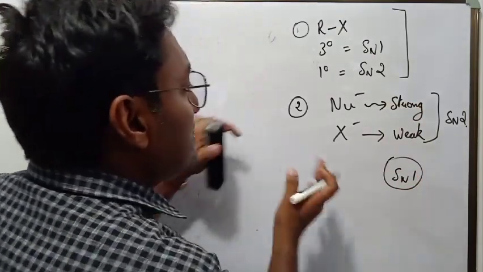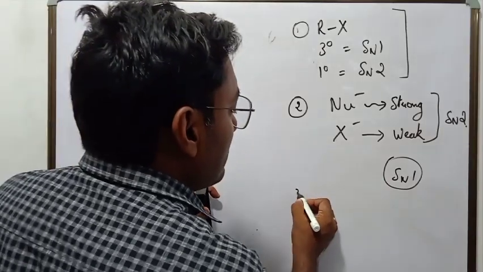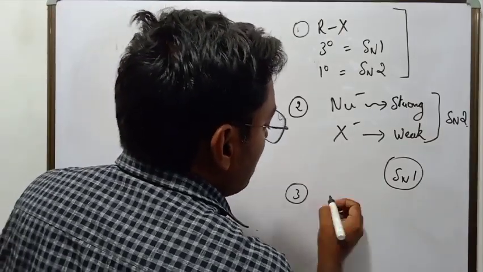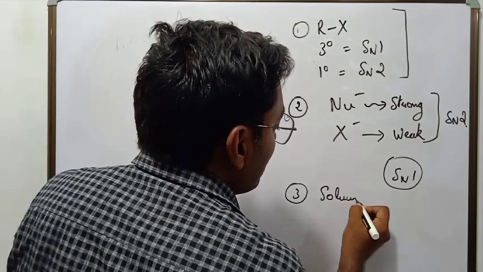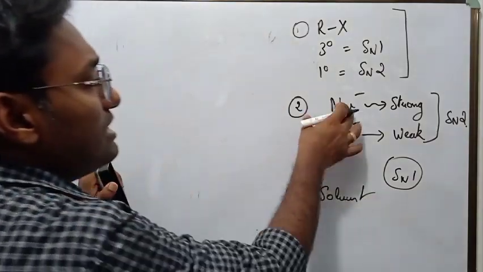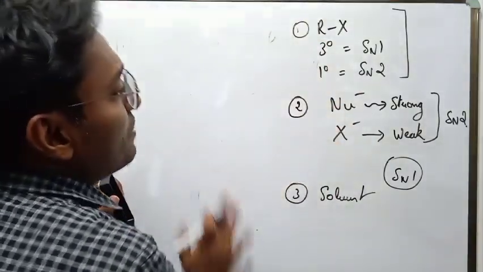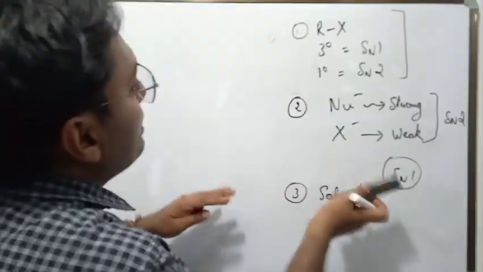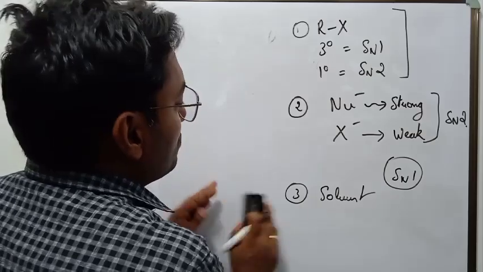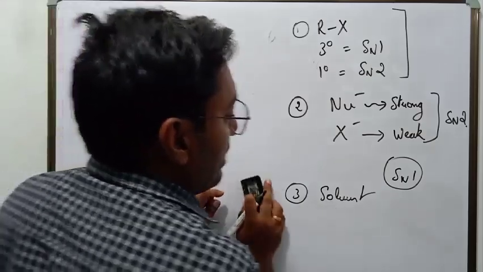So this is the second most important factor. The third important factor is, as we are discussing today, the solvent. So solvent is less important than these two factors, which greatly determine whether the reaction will proceed through the SN1 or SN2 mechanism. So today we are discussing the solvent part.